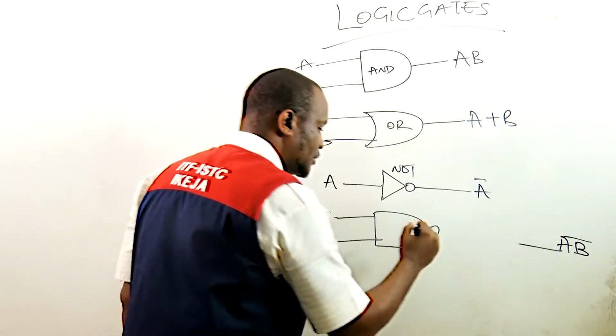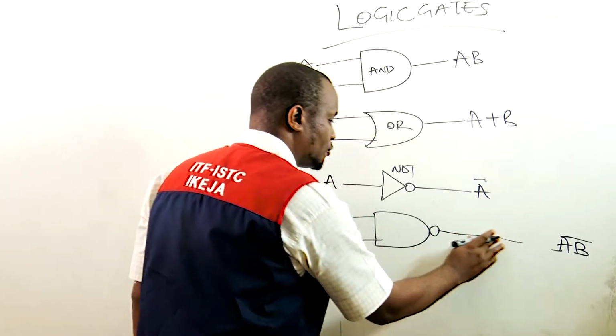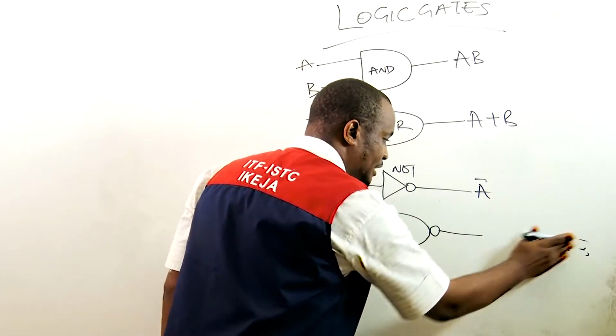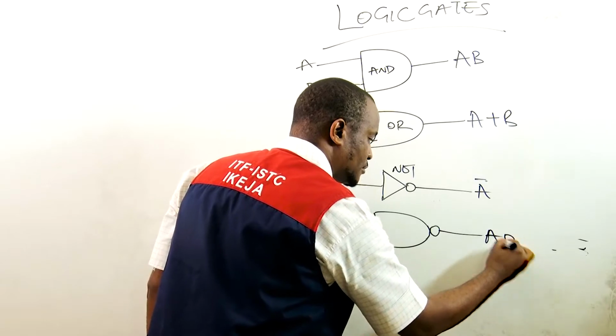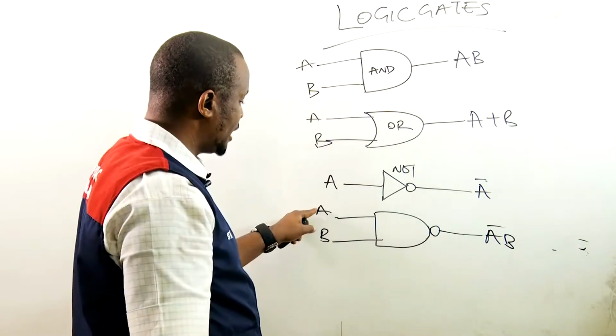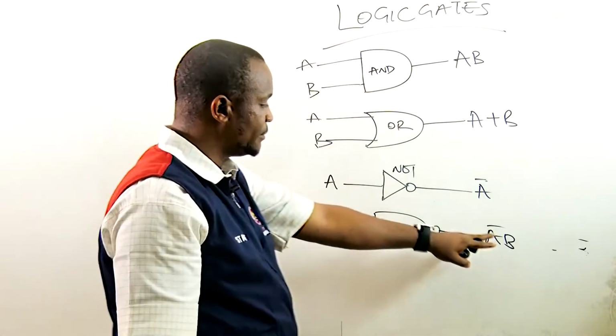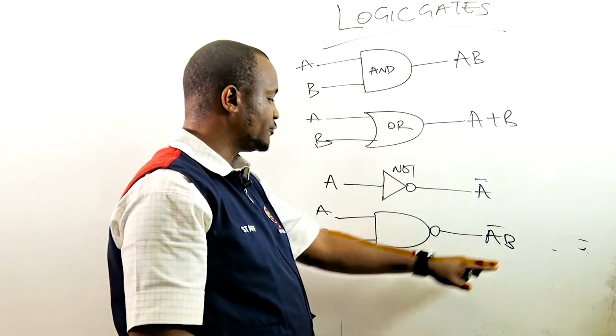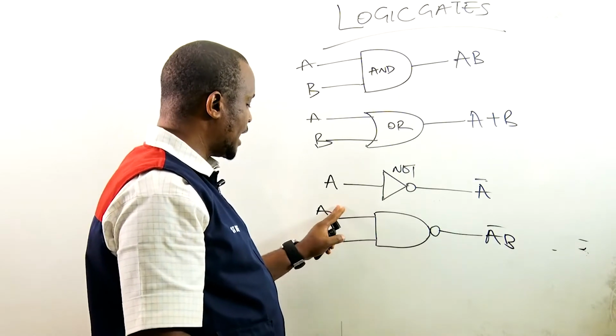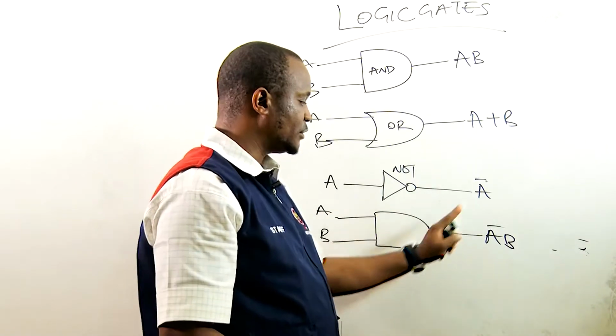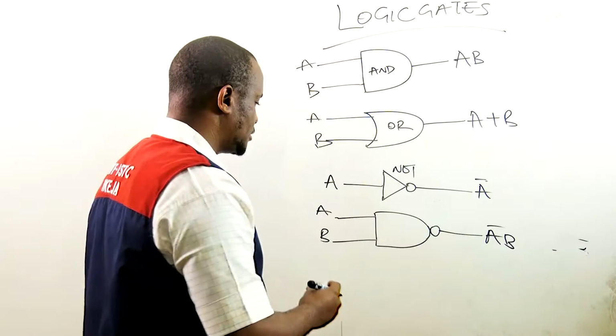Just draw a circle, and then you have the output. So when you see this, you know that there is an inversion. So A and B will be inverted with a bar. For example, if we have 1 and 1, we have 0. So that is the inversion.